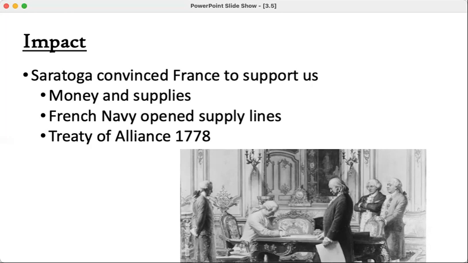In either case, the French court loves Jefferson and Franklin. Yet that's not enough to convince Louis XVI that he should support the Americans. Like, you guys are great. I don't know why we should get involved in your fight.